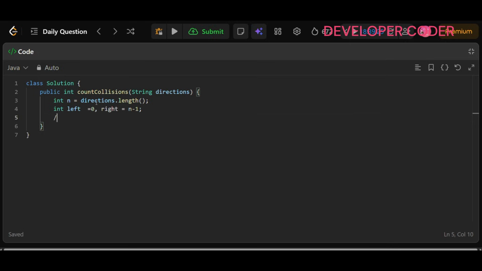Now here I'm telling you that we have to skip cars that never collide. So we have to remove leading L's and trailing R's. This is what we need to remove. So that's my plan here.